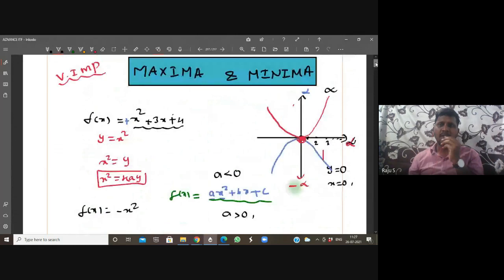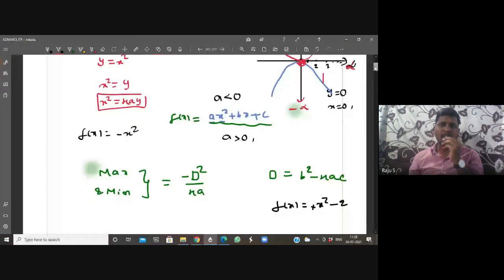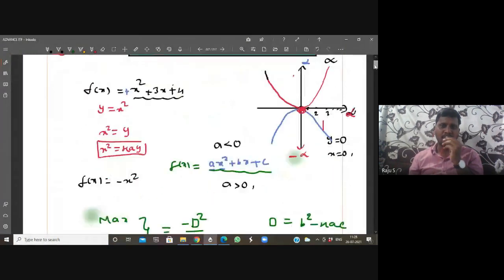At first I'm giving some examples, where I'm not finding the exact minimum or maximum value. By seeing the function itself, how can we identify whether the given function has a maximum or minimum?